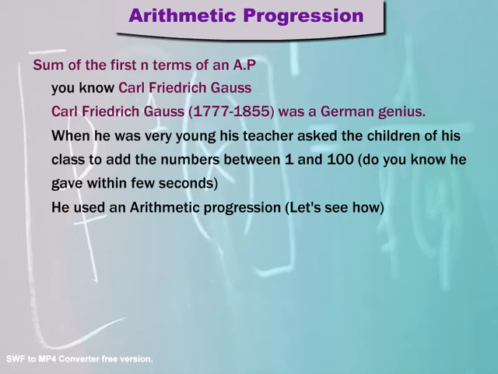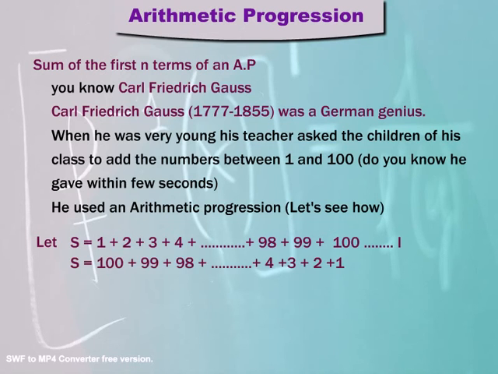Let us see how. Let S equals 1 plus 2 plus 3 plus 4 and so on plus 98 plus 99 plus 100. This can be written as S equals 100 plus 99 plus 98 and so on plus 4 plus 3 plus 2 plus 1.